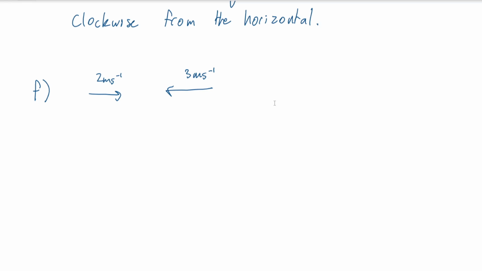So as an equation, their velocity relative to you, so velocity of friend relative to you, would be their velocity taking away your velocity. Right?